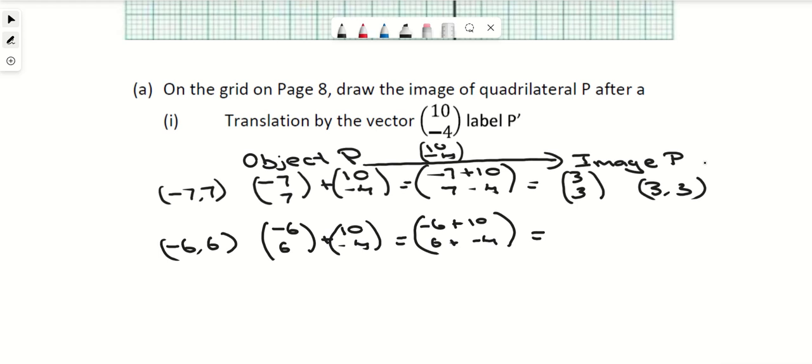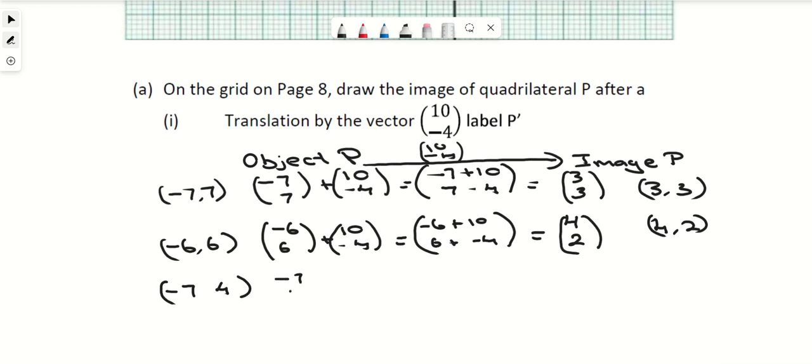So this is going to be minus 6 plus 10 is 4 and 6 plus minus 4 is 2. So my coordinate here would be (4, 2). Right, the next thing that we're going to do is minus 7, 4.